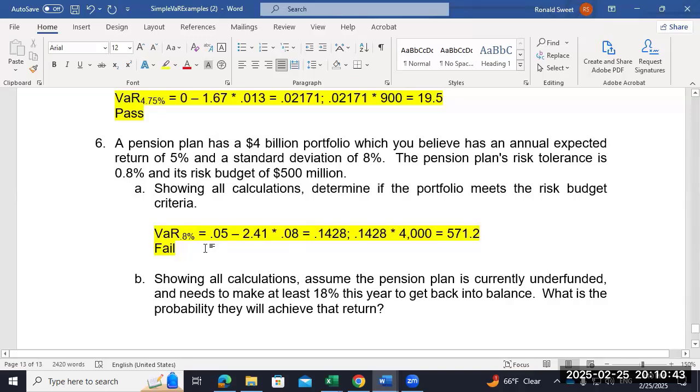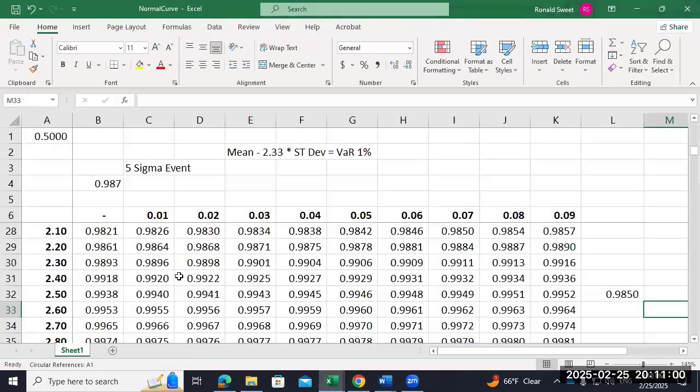Can you show us where we're supposed to look on the table? So you're looking at 0.08. So what are you looking for? 0.992, right? Is that right? Oh, okay.